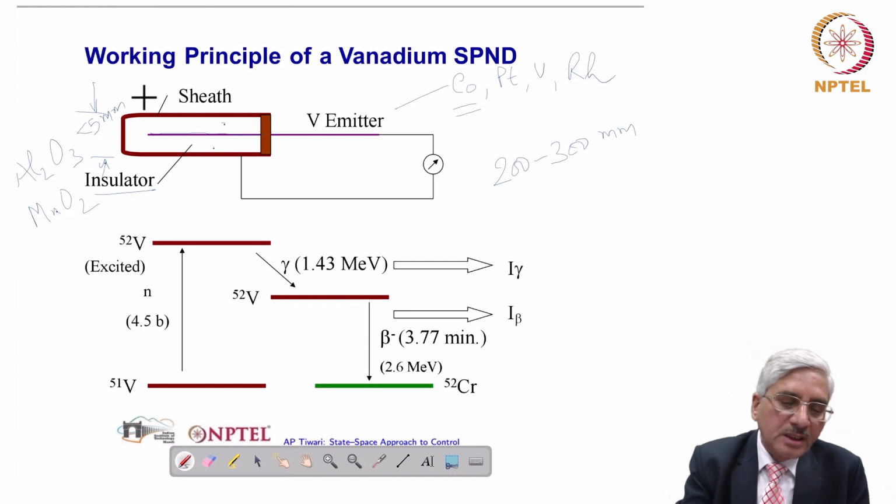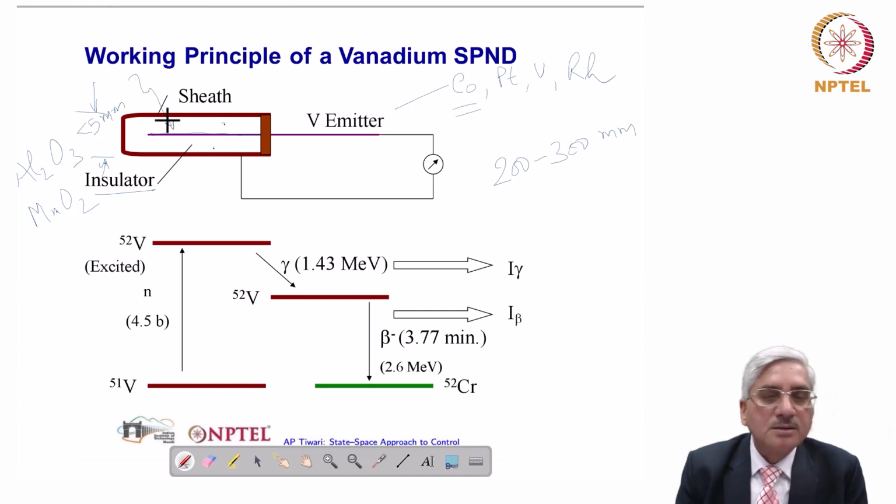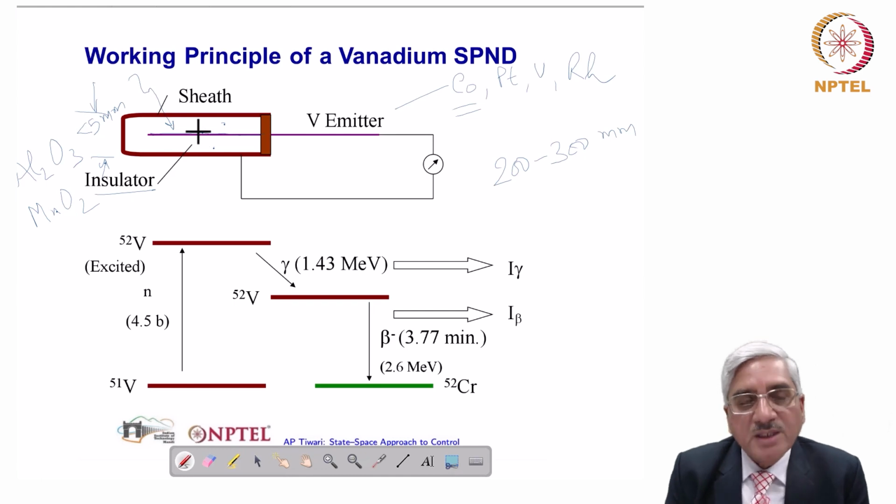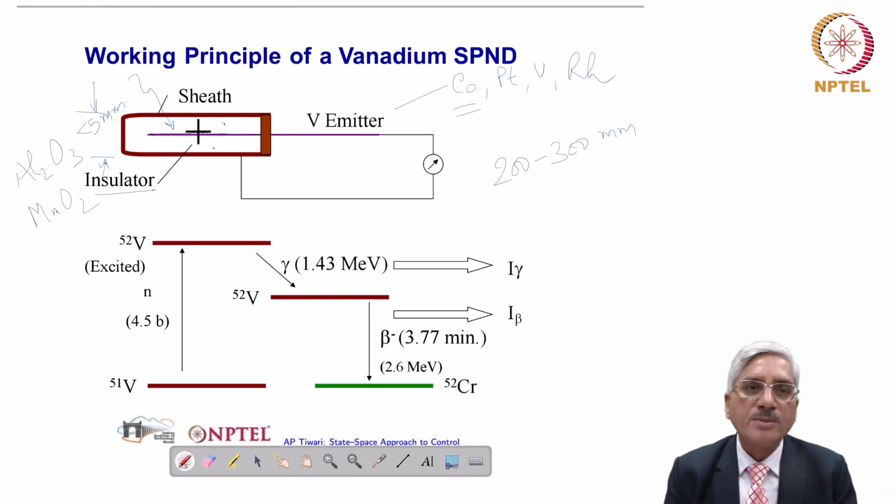Now what happens when a neutron enters the detector? It gets absorbed into the emitter material, and there are two possible effects. One is that the emitter material will immediately, after gaining the neutron energy, release a gamma ray and then stabilize, or it will release a gamma ray as well as undergo radioactive decay.